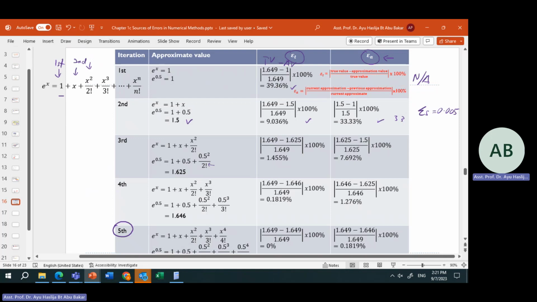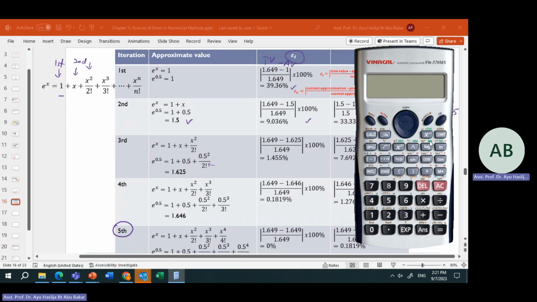Okay, how do you input it in your calculator? Symbol of factorial. This symbol here, the factorial, under the mode.